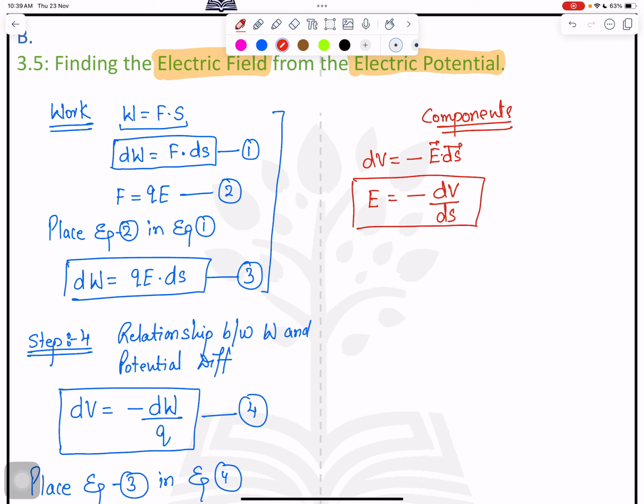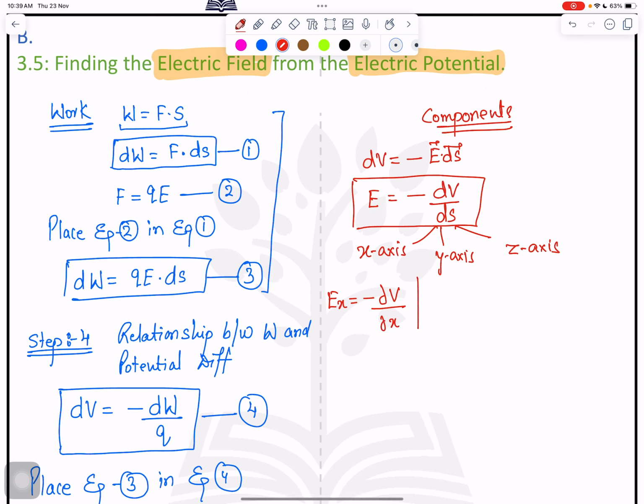You can split this value into 3 parts: x-axis, y-axis and z-axis. So in that case, you will get Ex equal to negative curl V by curl x.